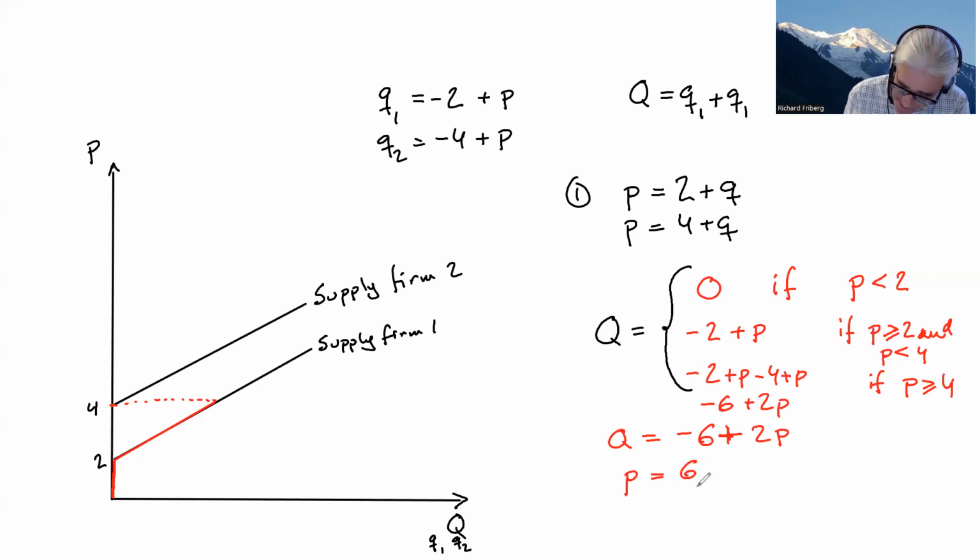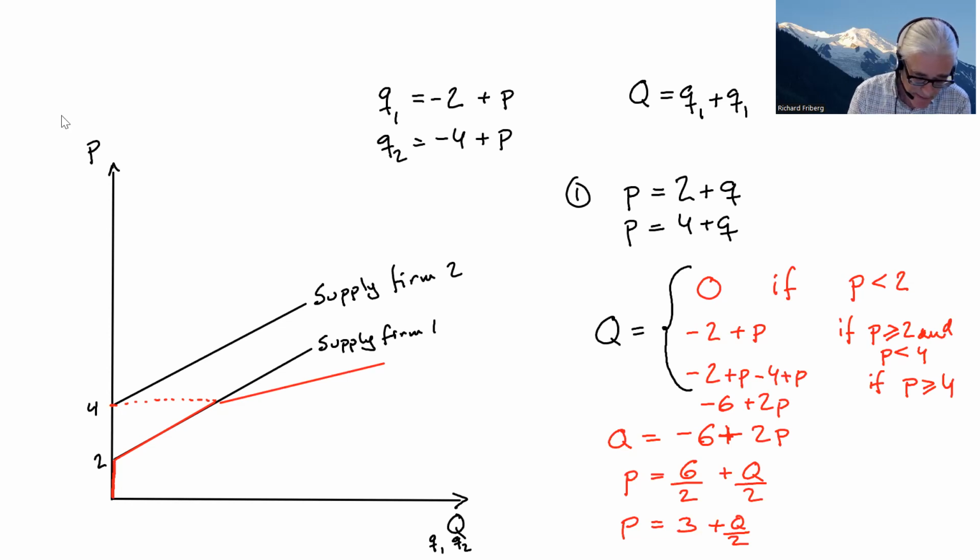So it's 6 divided by 2 plus Q over 2, or P equals 3 plus Q over 2. Okay, and we can finally draw that. So something like that, where we would end up at 3 here.